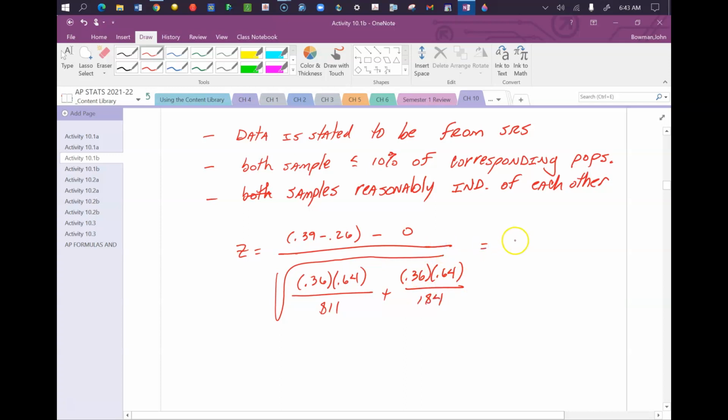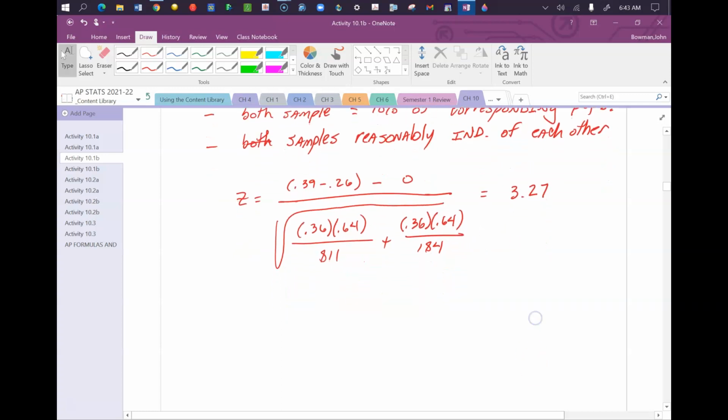And if you verify that, you get a z value of 3.27. And that corresponds to a p-value of approximately 0.001.